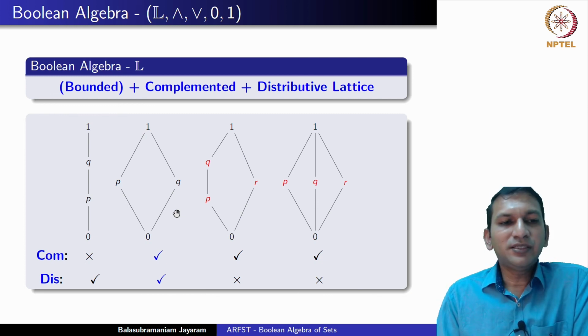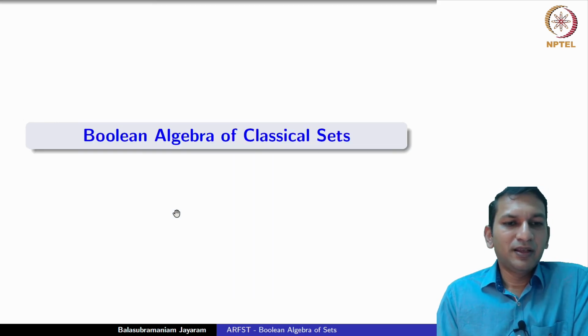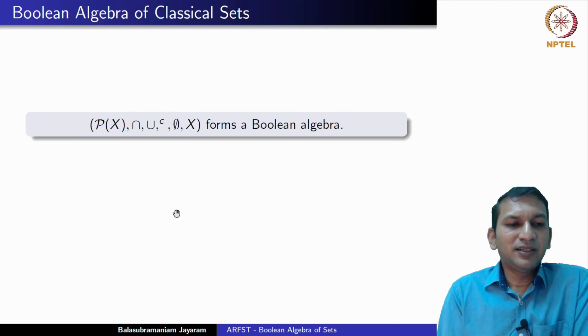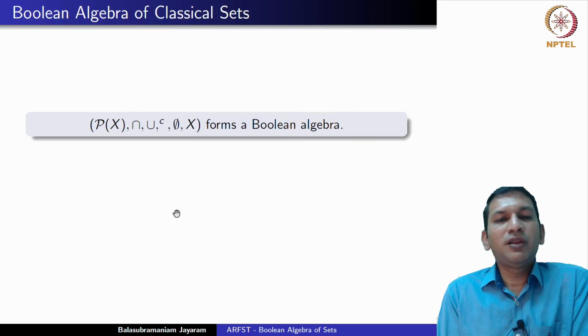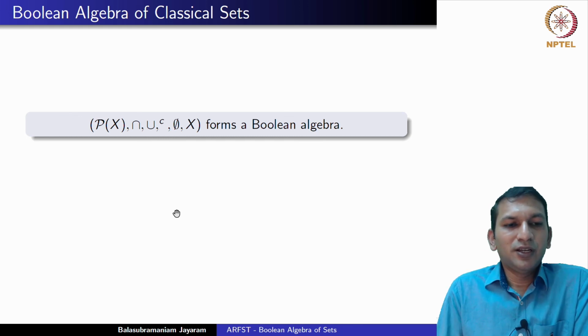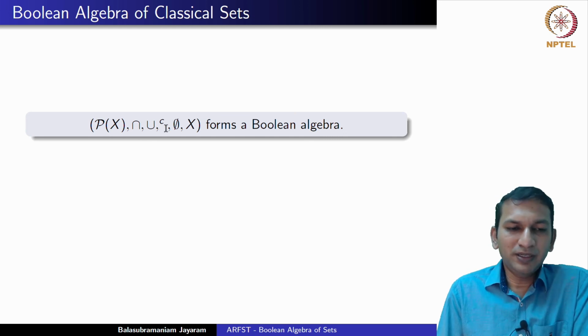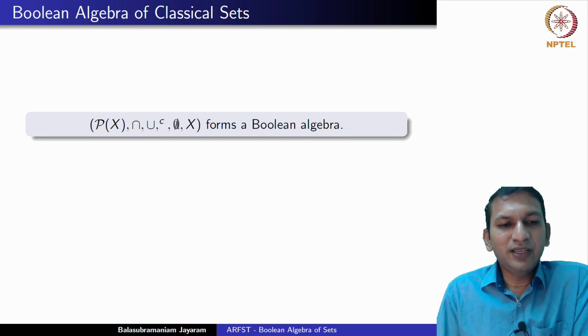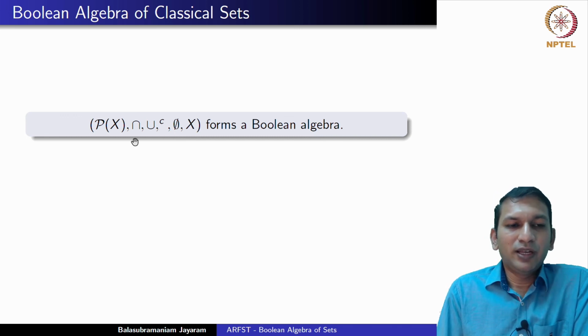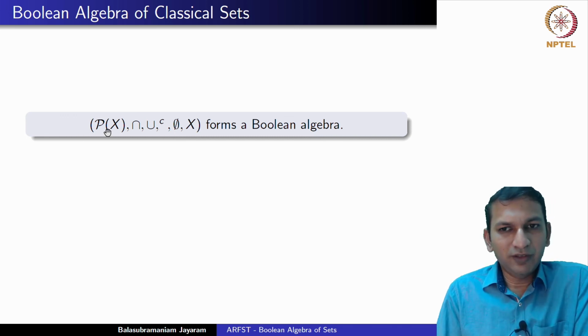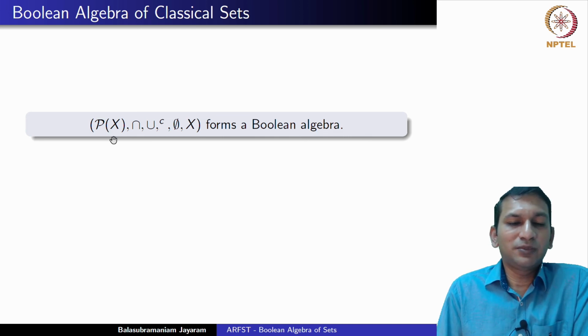Now, how important is a Boolean algebra? Consider the set X and the set of all subsets of X, and for the operation, consider intersection and union and the usual complement and the empty set phi and the set X itself. It can be shown, perhaps already we know it from our knowledge of mathematics from school, that on the power set of X, the intersection operation is idempotent, commutative and associative.